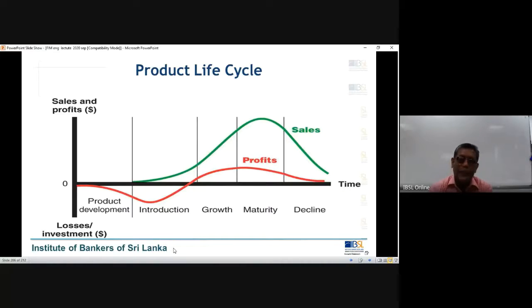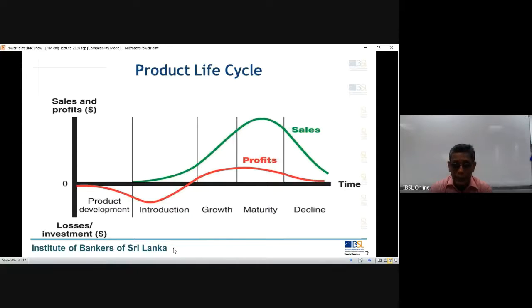That's a simple example. Your products may be in different life cycle stages. Product life cycle means every product and service may be at a particular stage. Now remember, there are usually five stages.